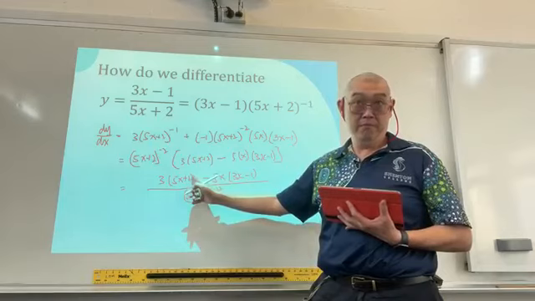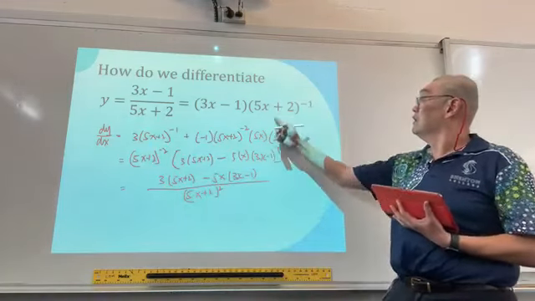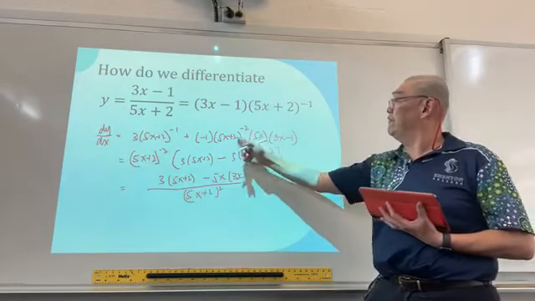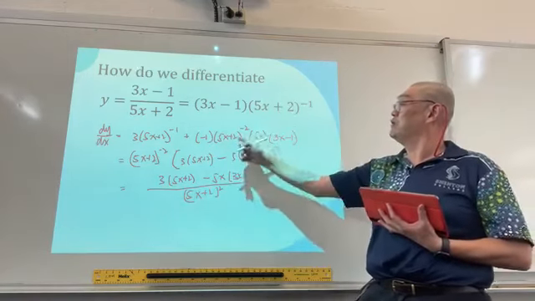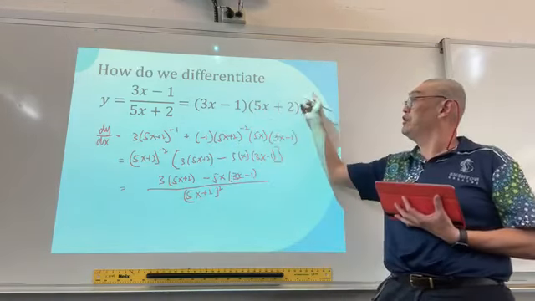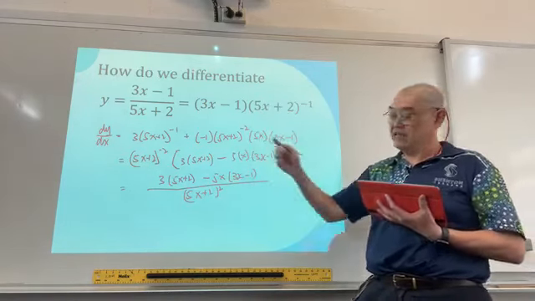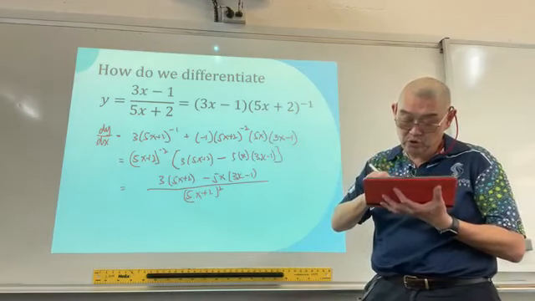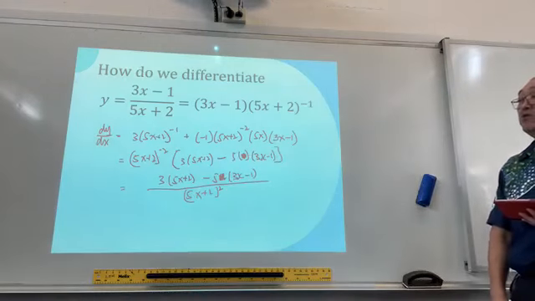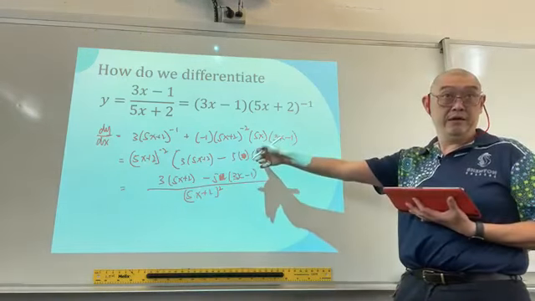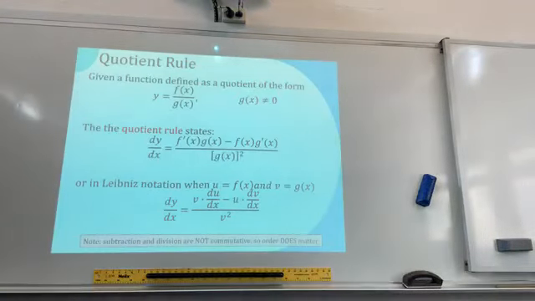Agree? Then I take away the derivative of this, which is minus 1 times (5x plus 2) to the power of minus 2, using your chain rule. And then this, differentiate 5x, that's 5, not 5x. My fault, that's 5. And you've got that 5 times (3x minus 1). Agree? Alright.